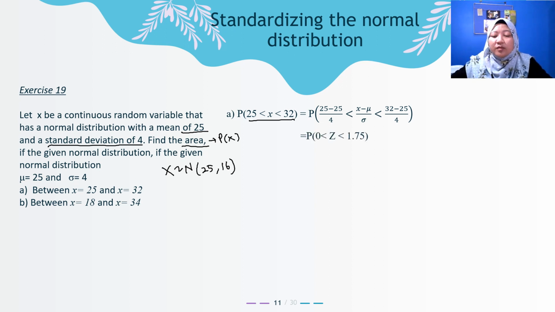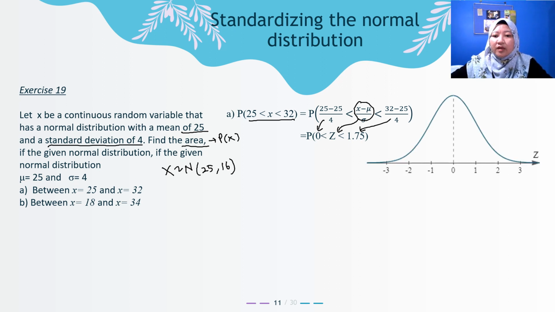So we have probability z, this one is equal to z. This one becomes 0, this one becomes 1.75. So the area is between 0 and 1.75, the area under the curve.